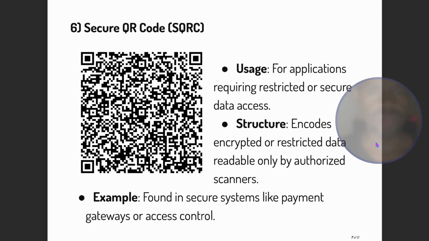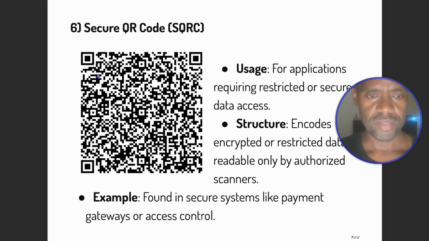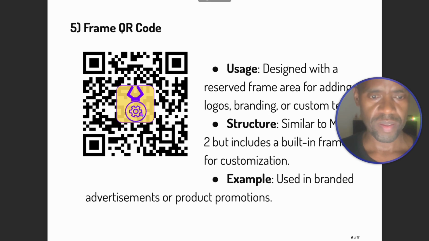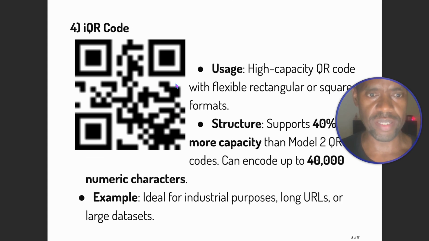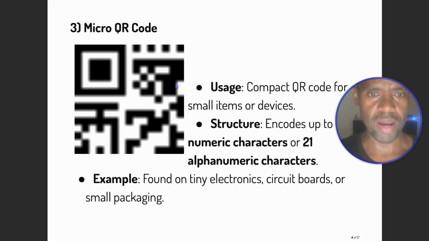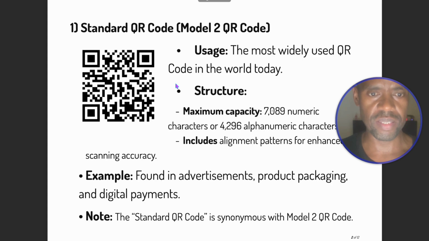Then secure QR code. Secure QR code looks like this. See the difference compared to how the frame QR code, iQR code, micro QR code, or standard QR code look.